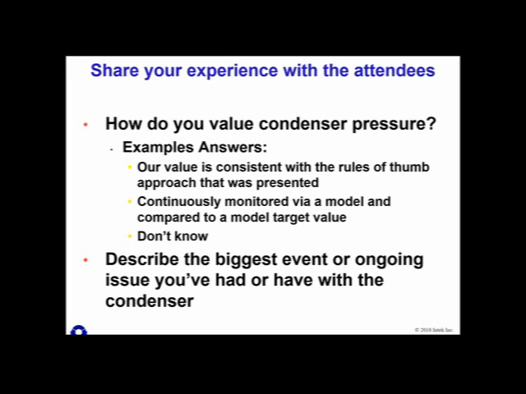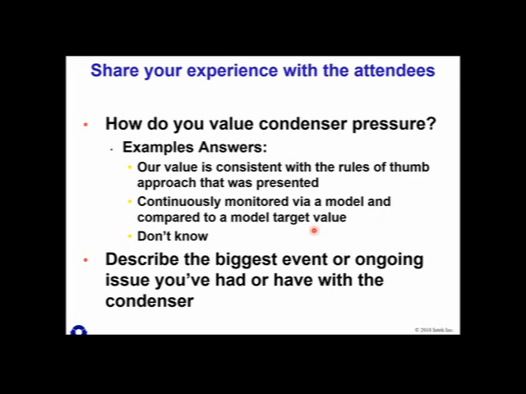The first question I have up here is, how do you value condenser pressure? Some possible answers might be, our value is consistent with the rules of thumb that I just talked about: 1/10 of an inch is 0.1%, or maybe a dollar value per year or per month.